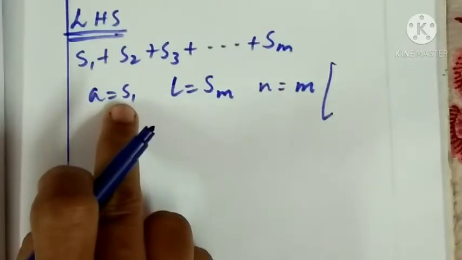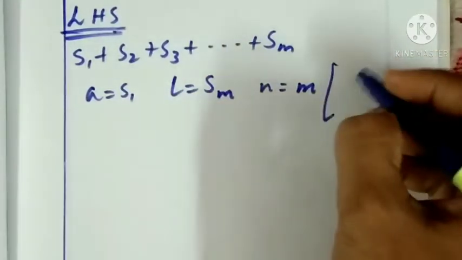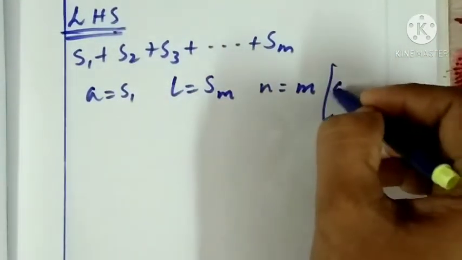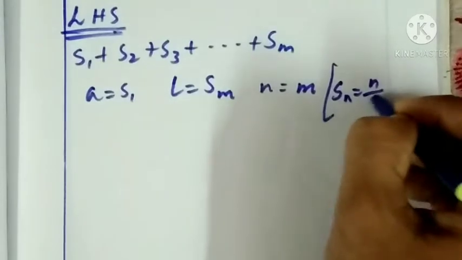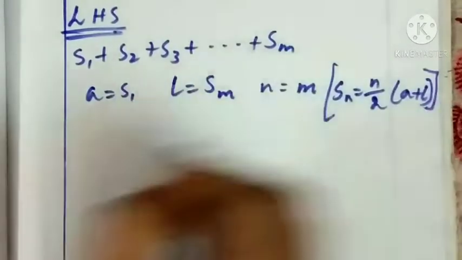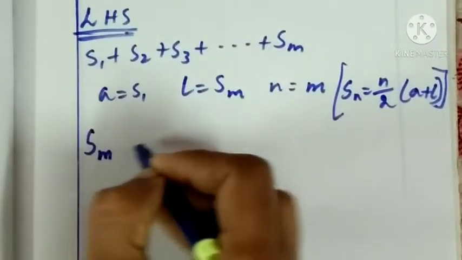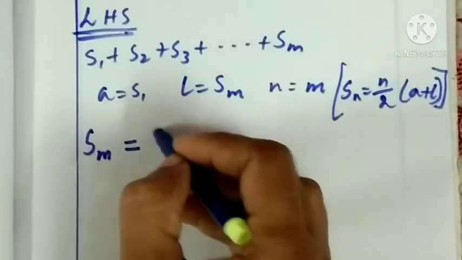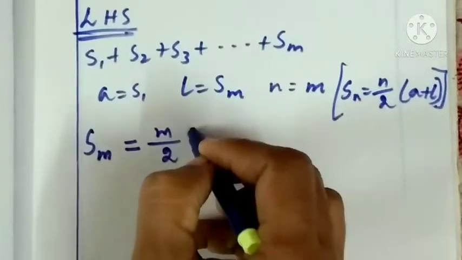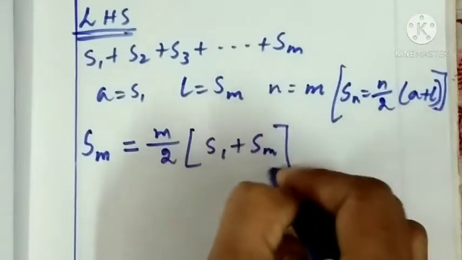Here we know the first term and last term, so we have to apply the Sn formula, n by 2 into a plus l. That is, Sm is equal to m by 2 into S1 plus Sm.